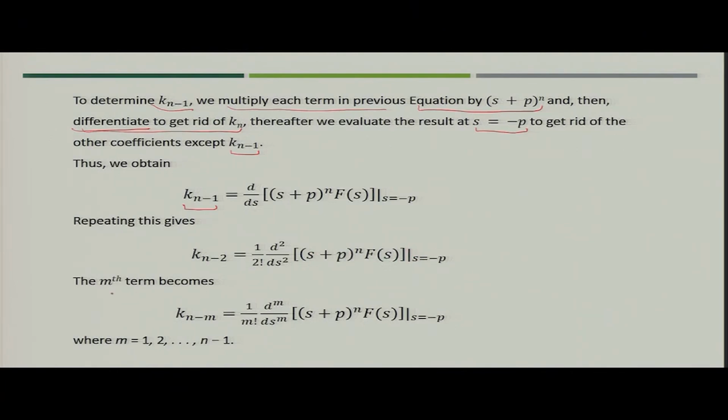In general, for the mth term, K_(n minus m), the constant term is given by 1 upon m factorial and then the mth derivative of (s plus p) to the power n F(s), and the whole expression is evaluated at s equal to minus p.